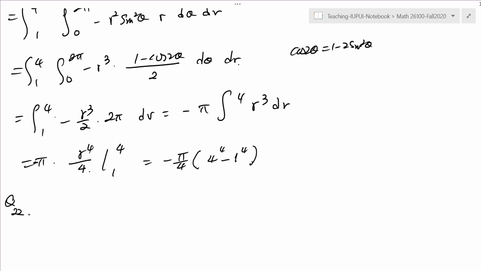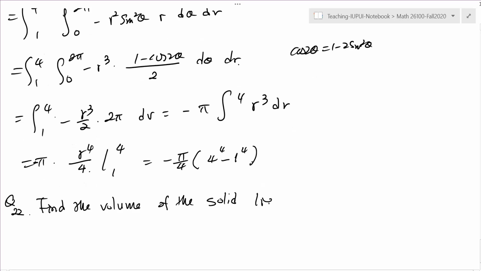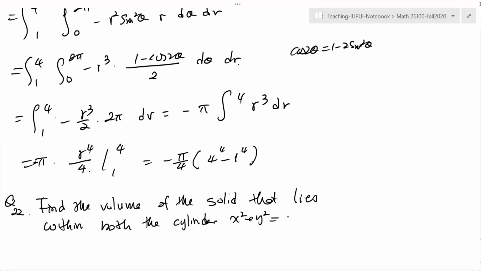Okay, so find the volume of the solid that lies within both the cylinder x squared plus y squared equals 1 and the sphere x squared plus y squared plus z squared equals 2 squared.